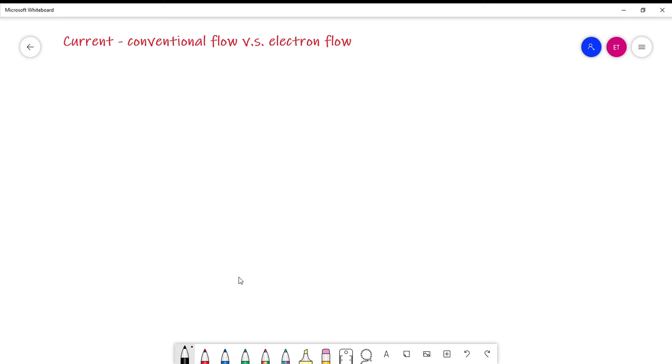In this video, we are going to look at electrical current, and we're going to show you that there's actually two flows happening simultaneously. There is the flow of electrons, known as electron flow, but at the same time, there is the flow of positive charge, which is in the opposite direction. That's referred to as conventional flow.